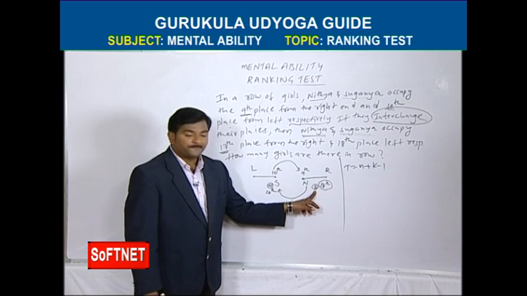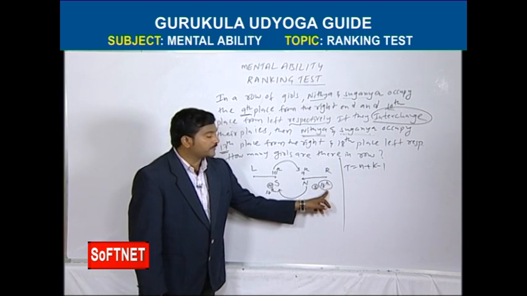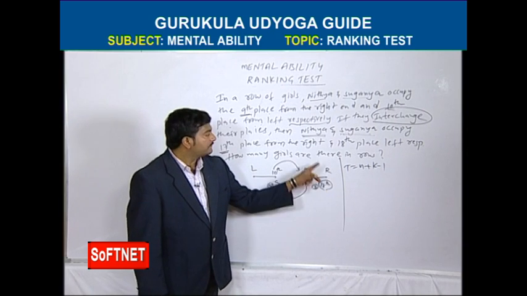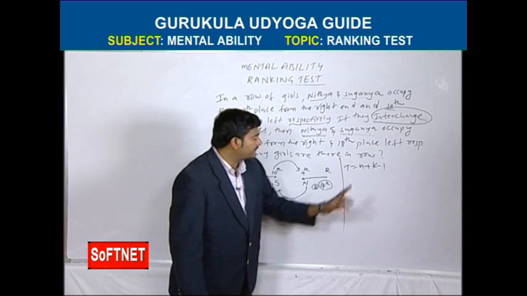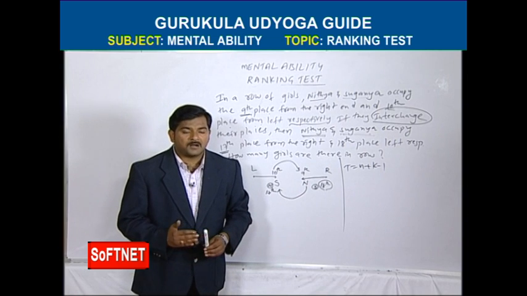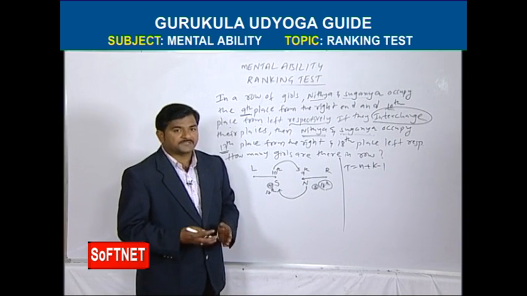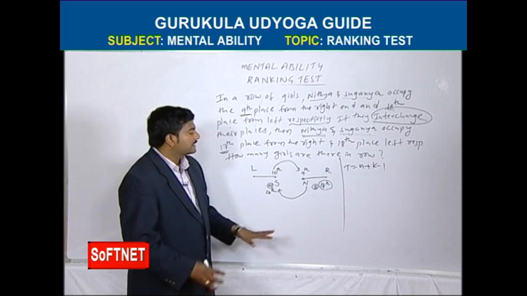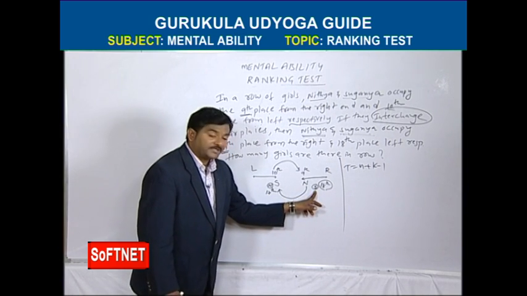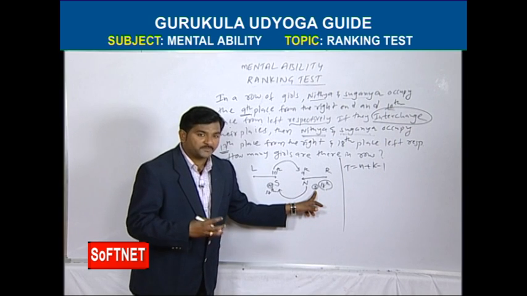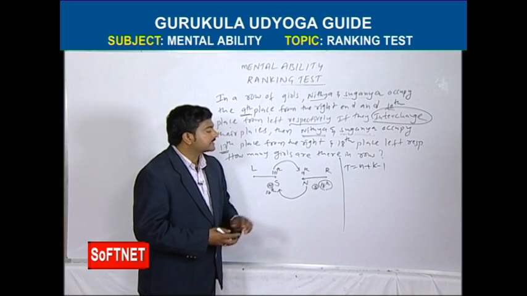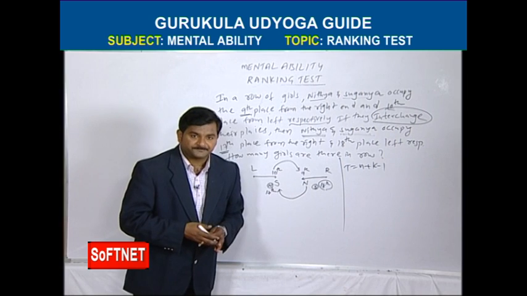Now who is here? Suganya is there. Suganya's position is how much? 18th position from the left. That's why Suganya occupies 18th place from left. But Suganya's present position is equal to Nitya's previous place.